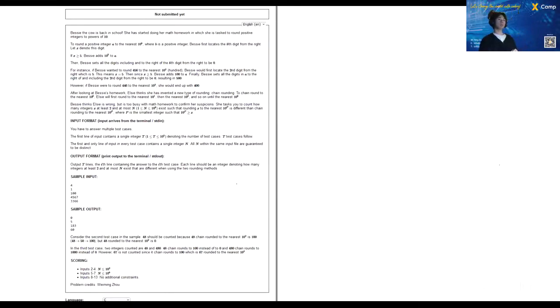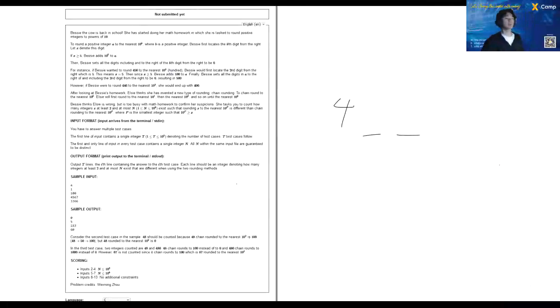So the only numbers that can matter again are numbers that start with 400 and have 2 missing digits. We need this number to round up to 500 while chain rounding, and we know that it's going to round down to 0 while not chain rounding.